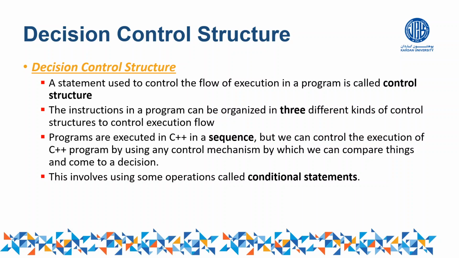The number one point here in the decision control structure is that a statement used to control the flow of execution in a program is called a control structure. With the help of a control structure, you can control the flow of execution in a program, because our program will consist of many statements.